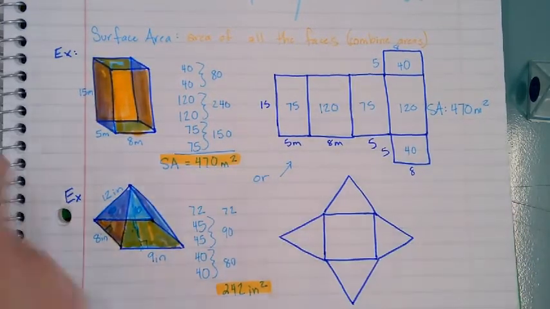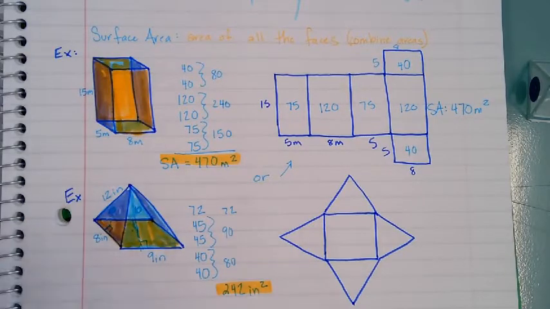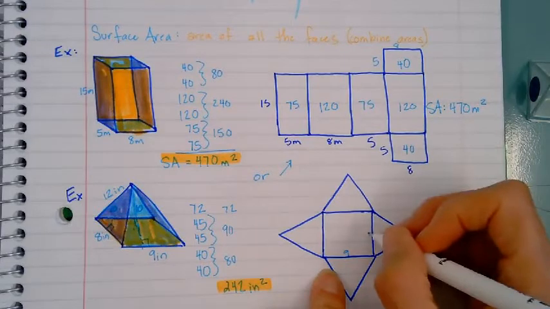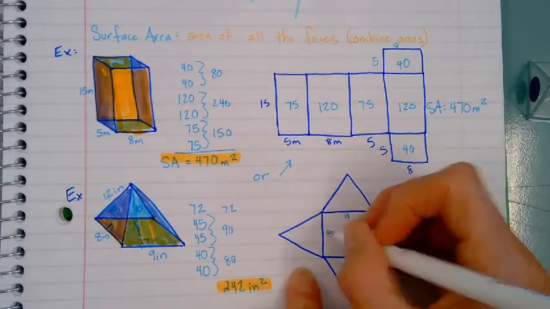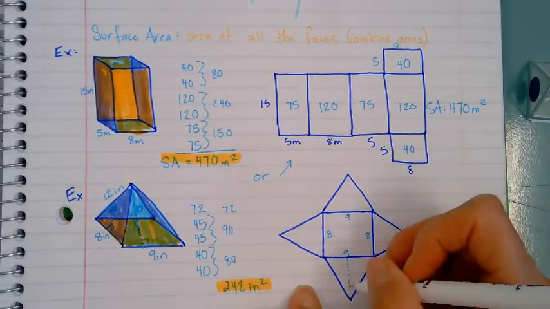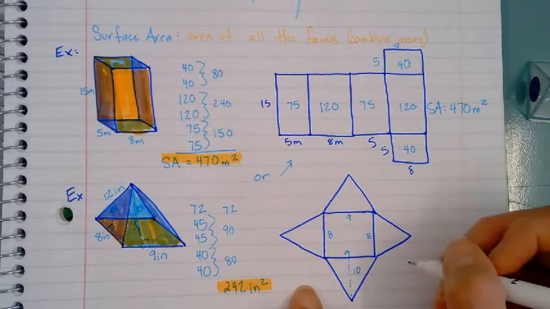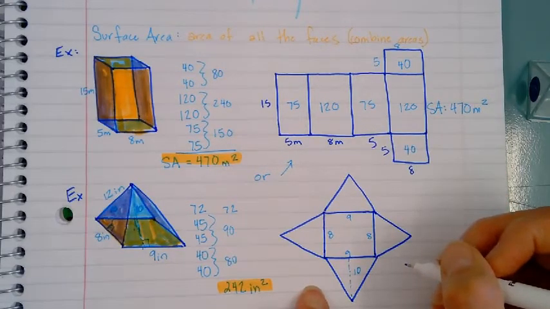Alright, I'm going to label the sides. So this is 9, this is 8, this is 9, and this is 8. I know this has a height of 10. And I think that's all I need.